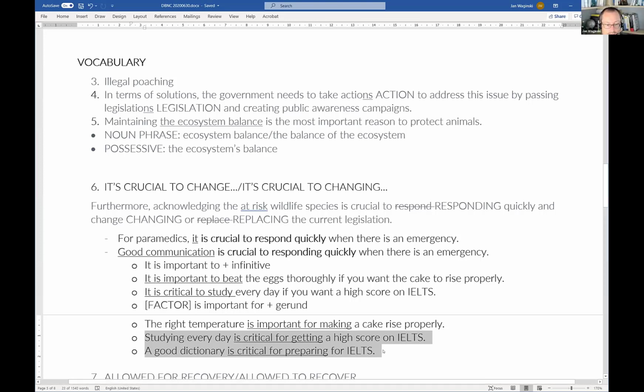It's okay, because here, for preparing for IELTS, you're using it two times, repeatedly. Yes, you're right.